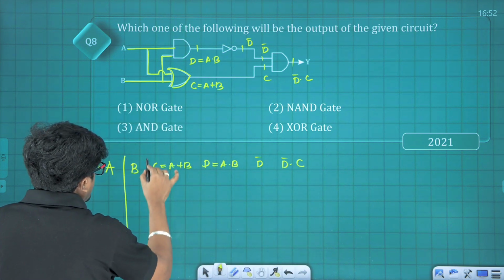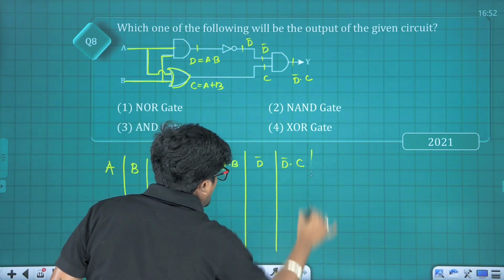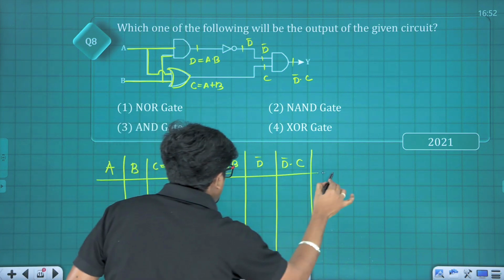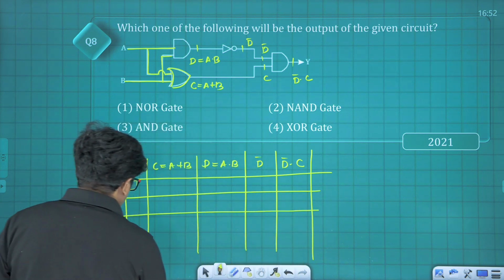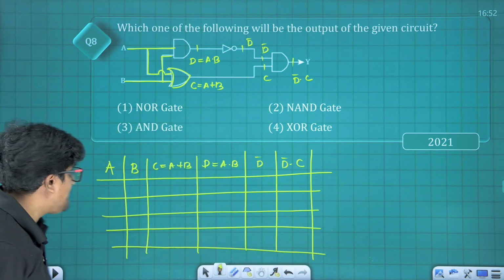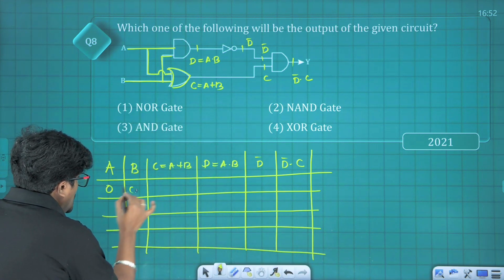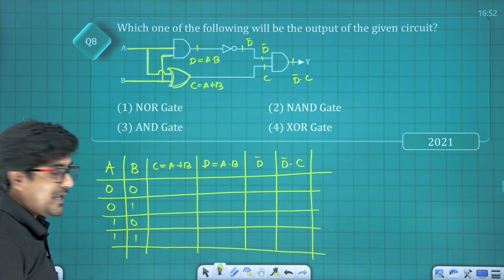So operations are clear. Now let me go for the truth table. 0, 0, 0, 1, 1, 0, 1, 1. It's A plus B now.